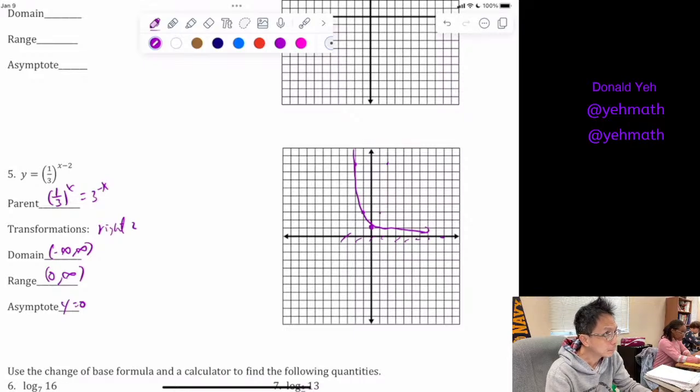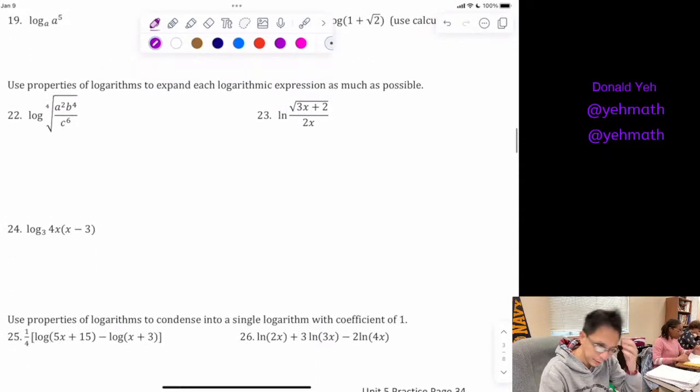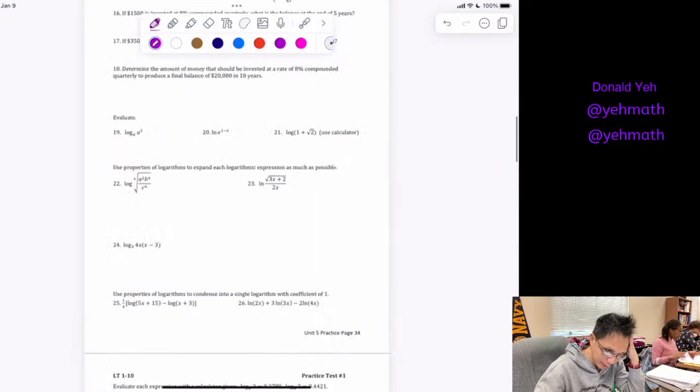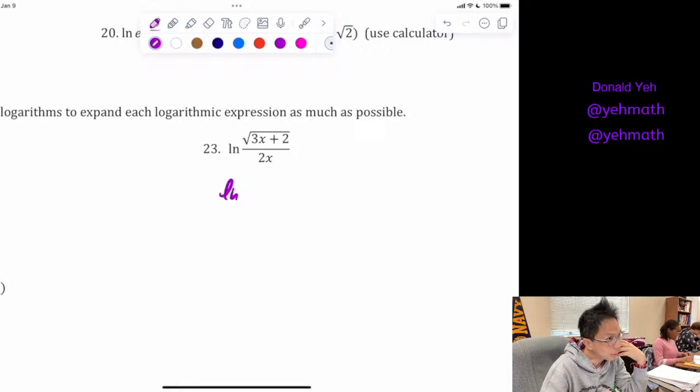Next question. 23, okay. 23, yeah, this is a perfect question to put on the test because I have to talk about expansions. So it's two things subtracting each other, or dividing each other, so subtracting each other, right?